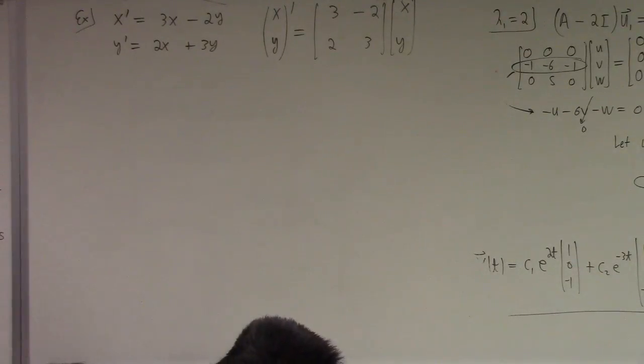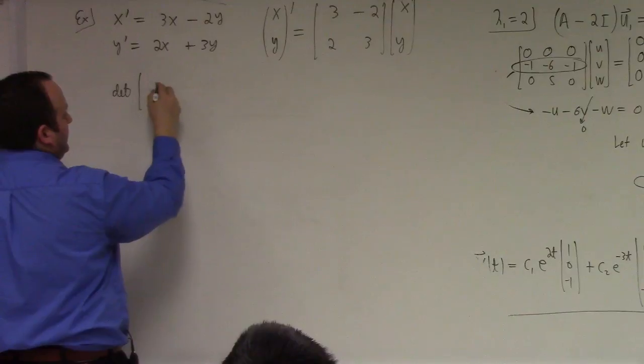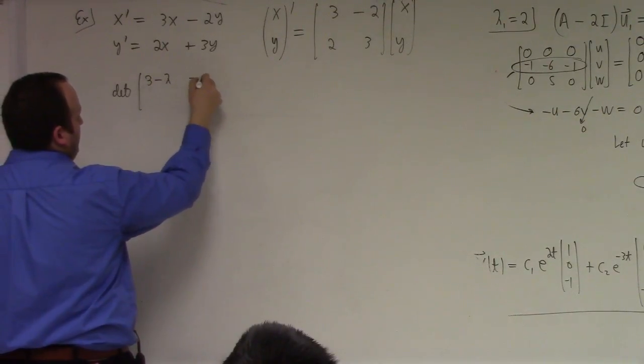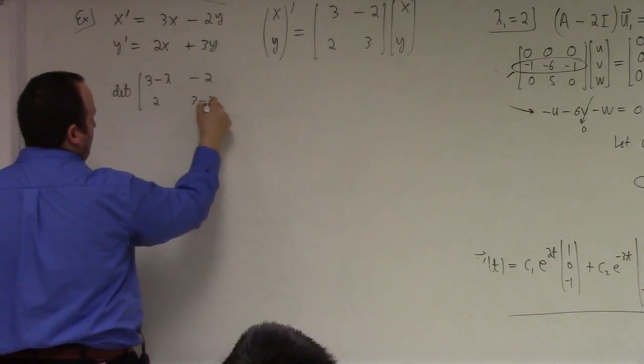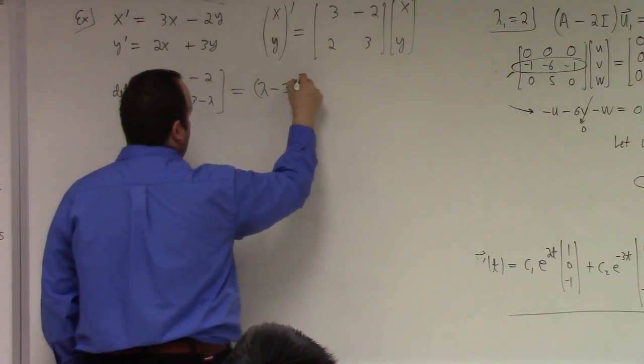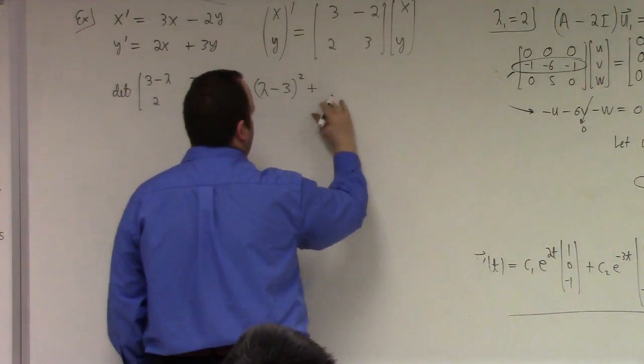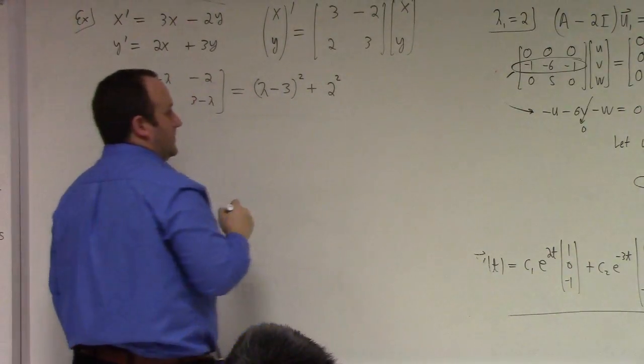Like so. All right, so I've got to calculate my characteristic values. I've got a determinant, 3 minus lambda, minus 2, 2, 3 minus lambda, also known as lambda minus 3 quantity squared plus 4, or maybe better yet, plus 2 squared. So what does this say?